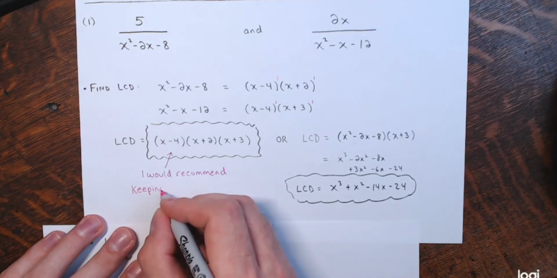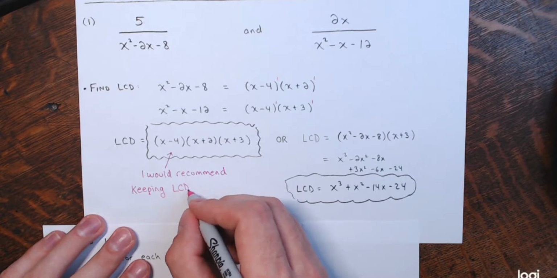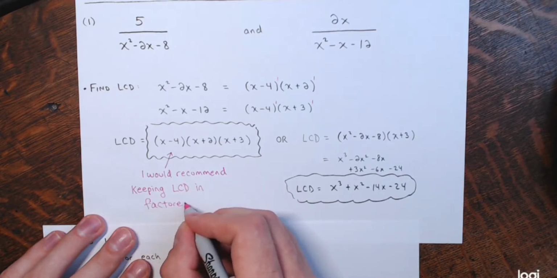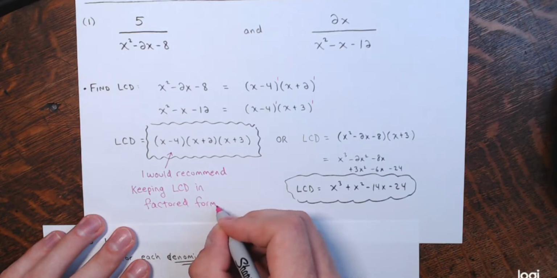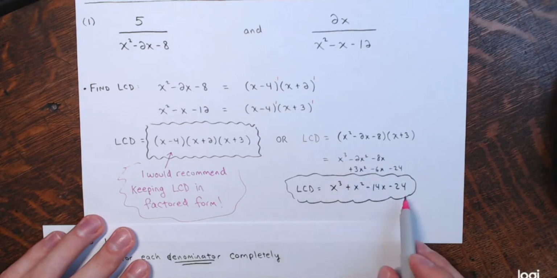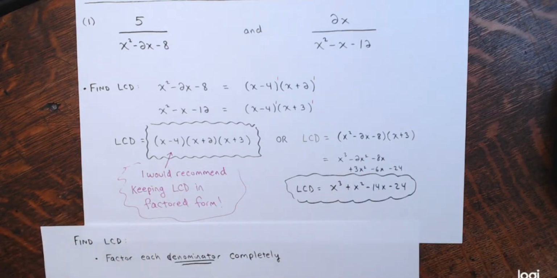So I would recommend keeping the LCD in factored form. You don't have to. It's totally fine to multiply it out. But I'm going to keep things factored.